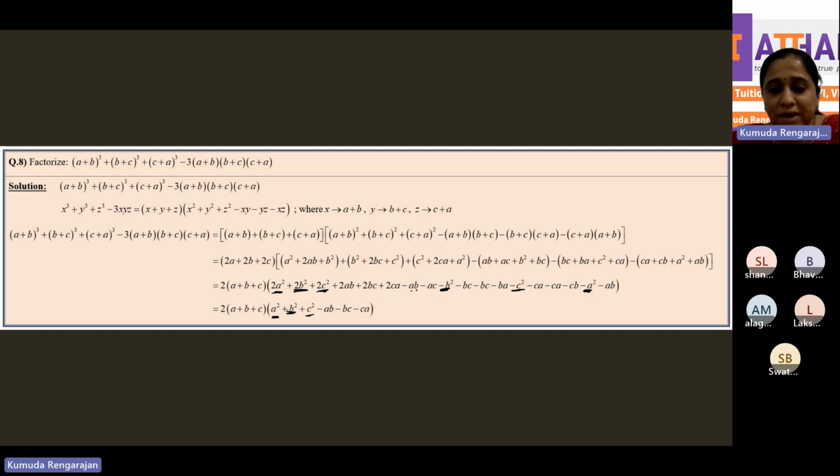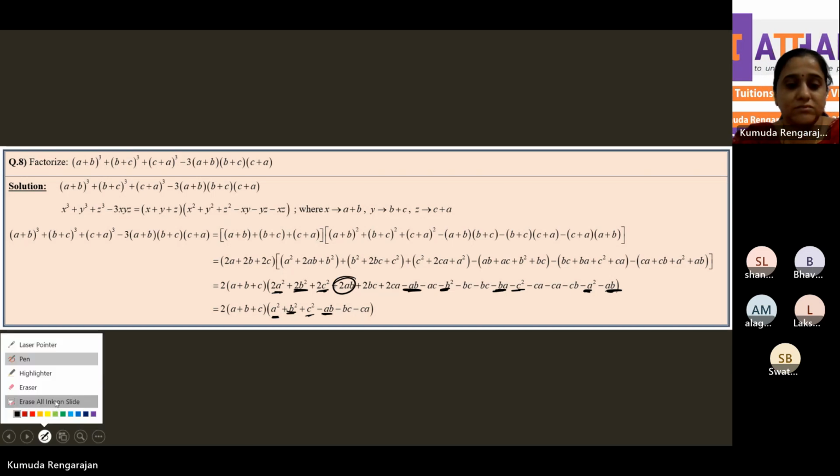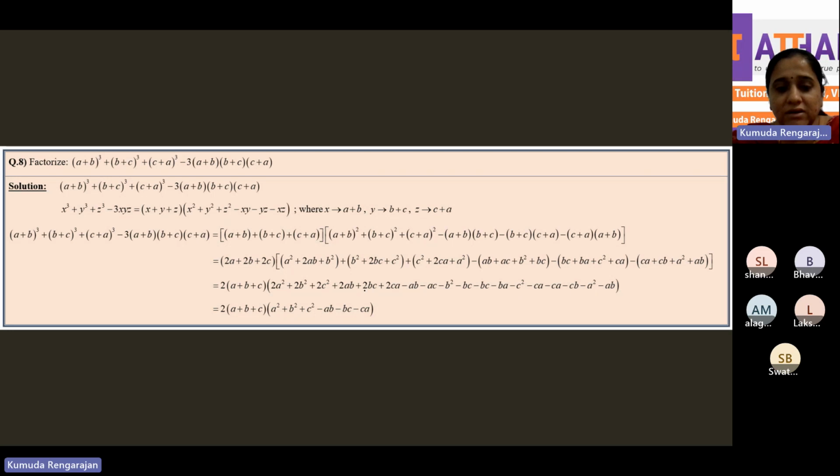Then there's minus AB here, minus AB here, and minus AB here. Minus 3AB you have. See, I'm showing you. Minus AB, minus AB, BA is AB and minus AB. So minus 3AB we have. Minus 3AB plus 2AB is minus AB.